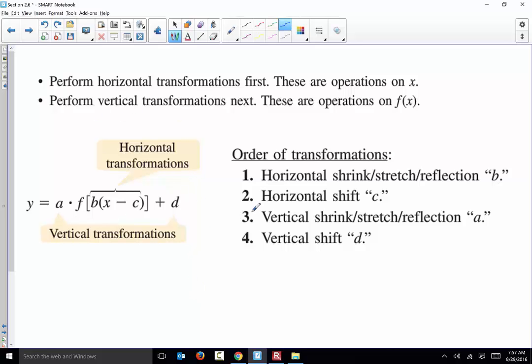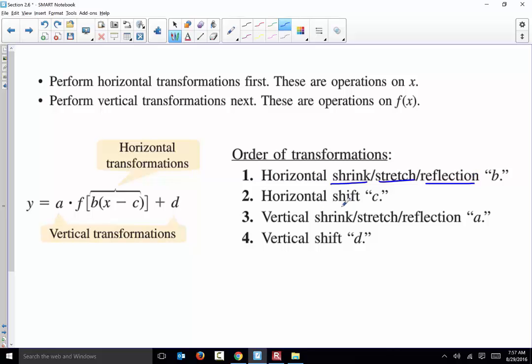But within horizontal transformations, if there exists a shrink, stretch, or reflection, we do one of them first. Any kind of shrink, stretch, or reflection is done first.